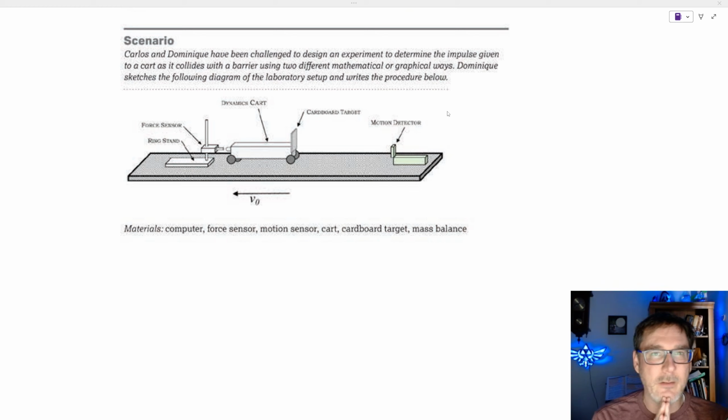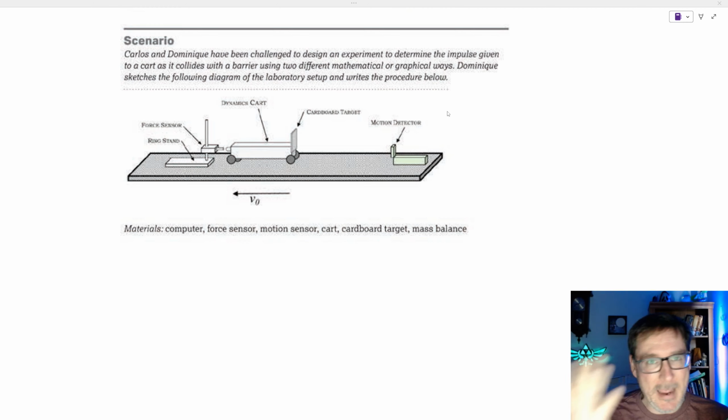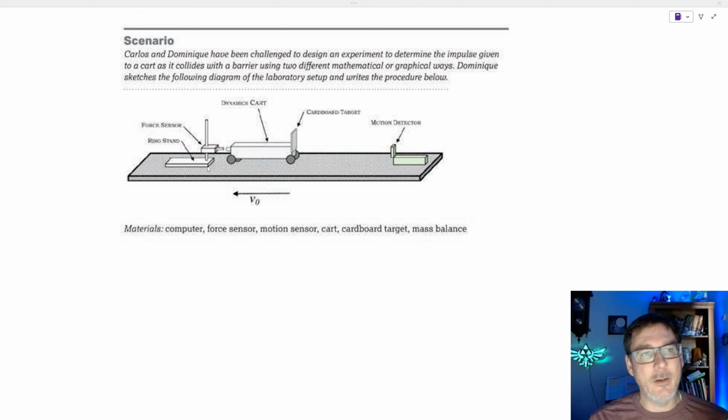So when you write your lab procedures, keep in mind that you are not describing, for example, how to use Vernier graphical analysis and the Vernier carts. You want to describe that you are measuring velocity, or calculating velocity, or measuring mass. You don't have to get into all the nitty-gritty details about how to do it.